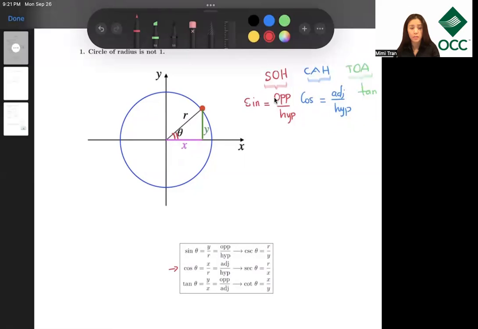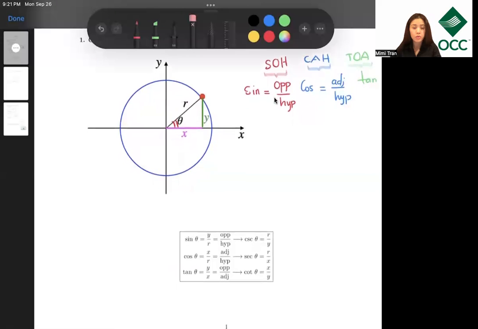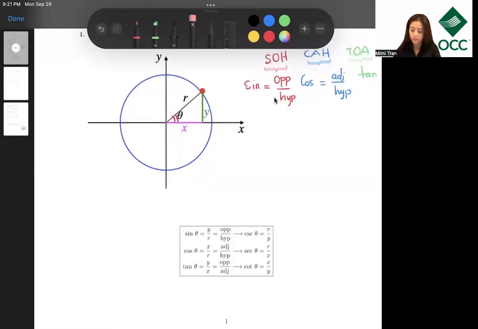It's adjacent over hypotenuse, so x over r. And then tangent is opposite over adjacent, or y over x. Right? And secant is the reciprocal of cosine theta. And then cotangent theta is the reciprocal of tangent theta. Okay. All right, so those are the basic rules of a circle of radius r.